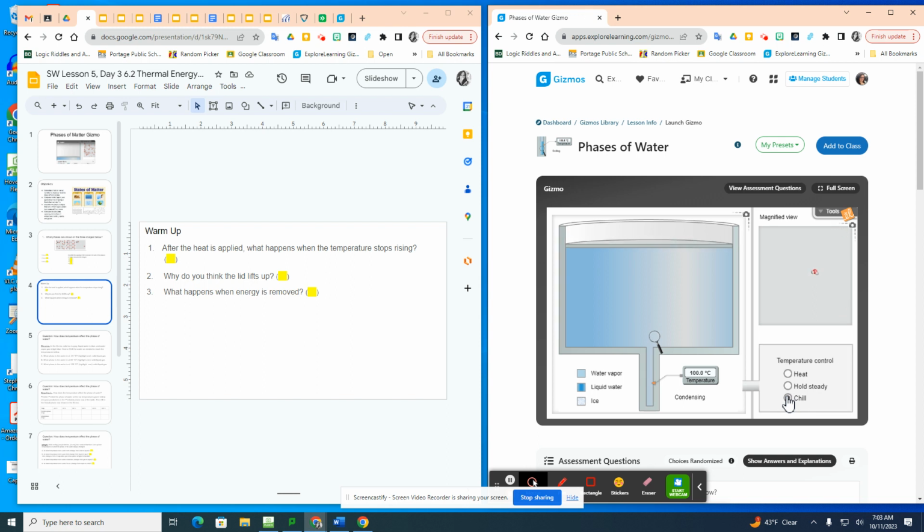For number 3, what happens when energy is removed? What's happening to the lid? What's happening to the space right here? What's happening to the molecules? Magnifying glass around. What's happening to the lid?